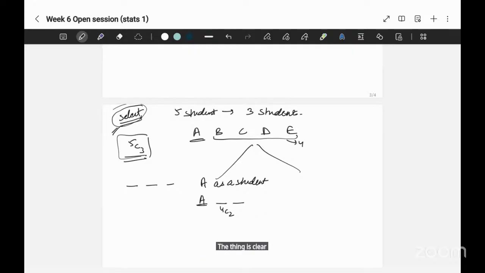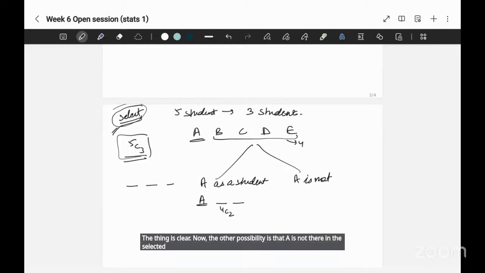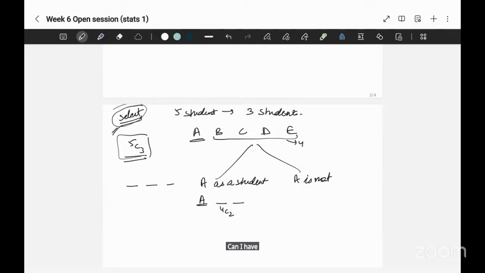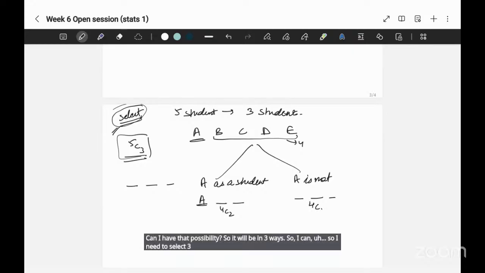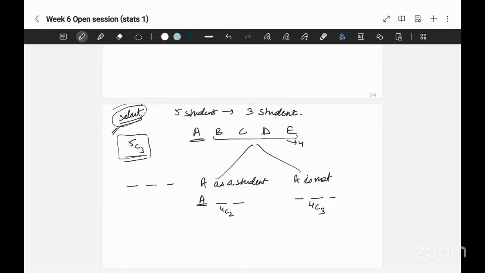Now the other possibility is that A is not there in the selected students. Can I have that possibility? Yes, ma'am. So I need to select three students from the remaining four students. A is not there, so these three places are being occupied by the remaining four students.